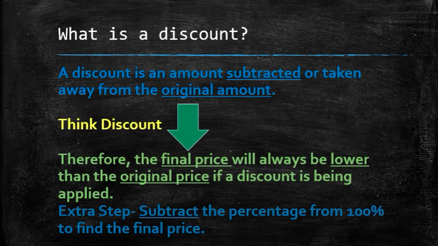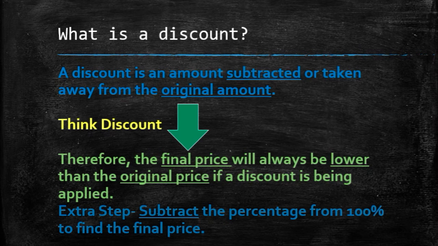Finally, what is a discount? Well, a discount is an amount subtracted or taken away from the original amount. So think discount. You want the price to be lower when you get a discount. You would never take a coupon in and say, I'd like to pay more for this. So when you get coupons in the mail or you find coupons online and you use them in the store, the hope is, of course, that you're going to pay less for whatever the item is.